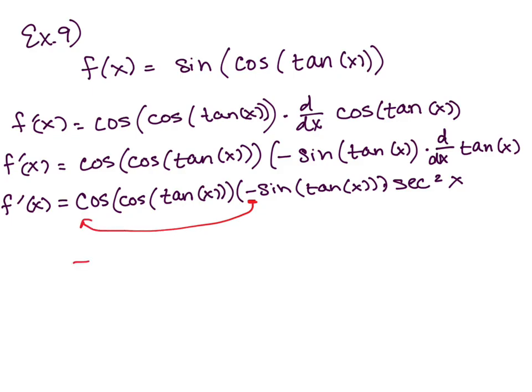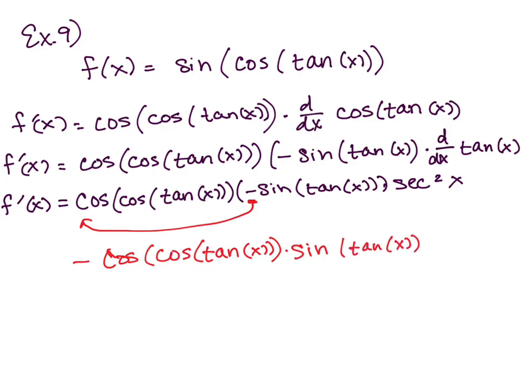So our final answer is going to be negative cosine of tangent of x times sine of tangent of x times secant squared x. Final answer on this one.